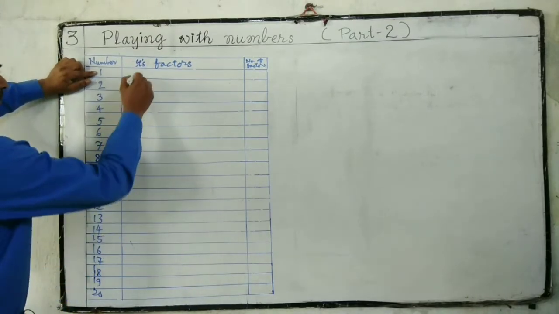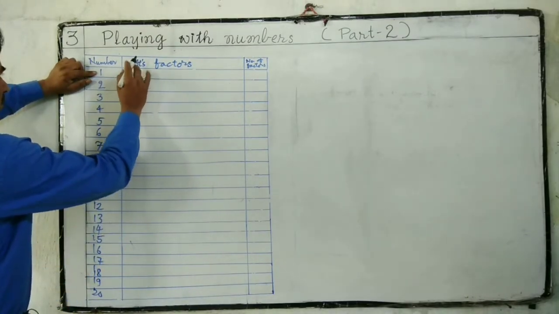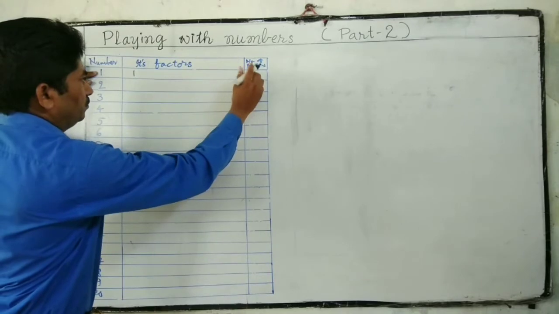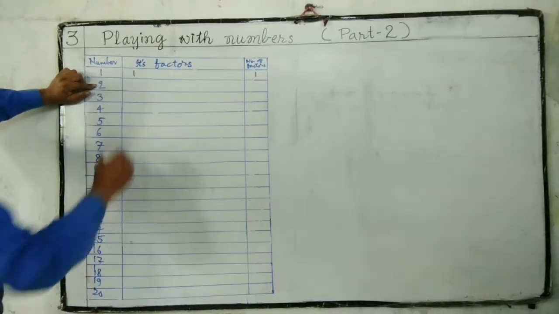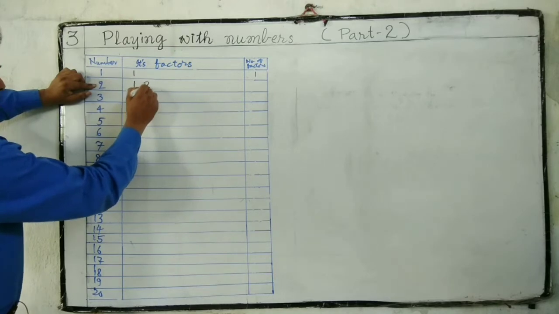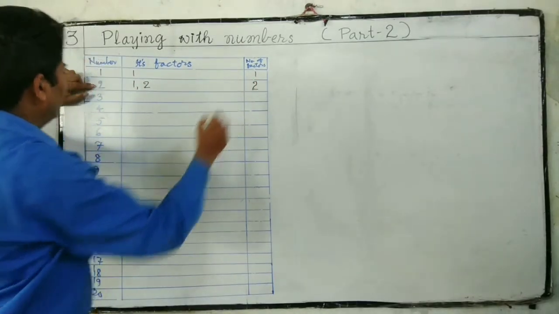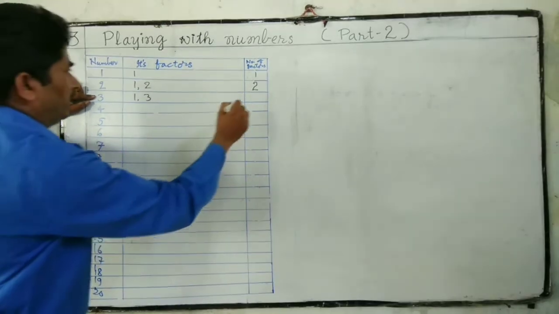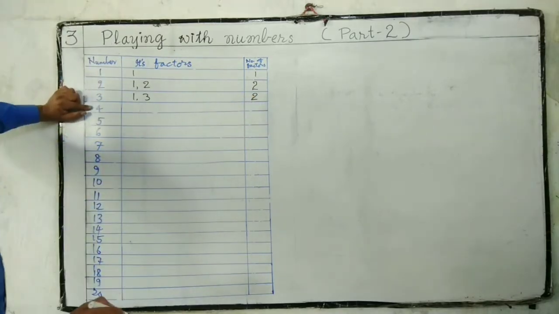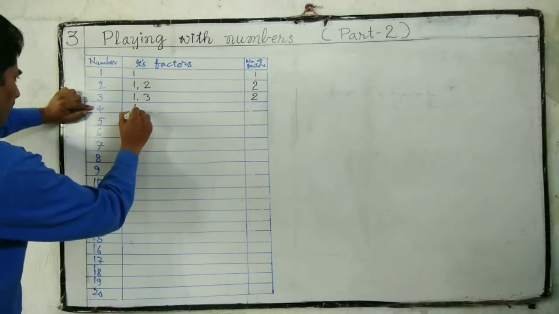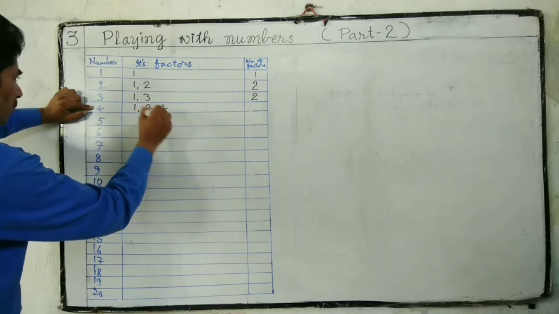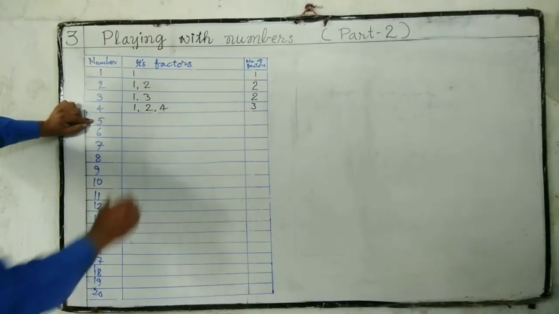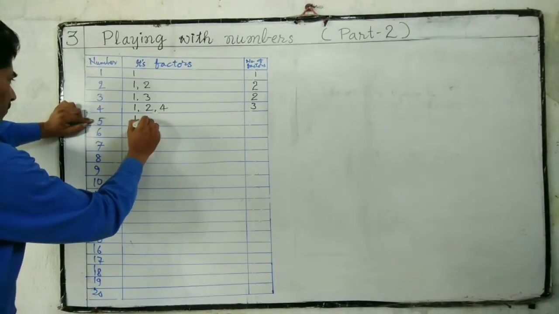1 is divisible by 1 only. So, 1 has only one factor. 2 is divisible by 1 and 2. So, it has 2 factors. 3 is divisible by 1 and 3. So, it has 2 factors. 4 is divisible by 1, 2, 4. So, it has 3 factors. 5 is divisible by 1, 5 only.